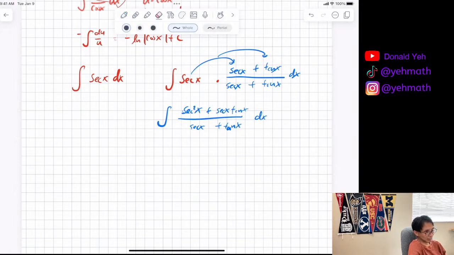Gotta see it. It's easier than that. That's not a trig identity. No. Just find out, secant x cancels. Because we know that you would use substitution, right?